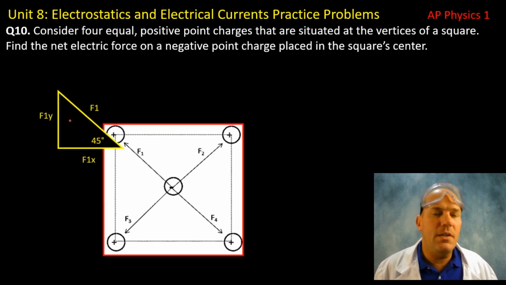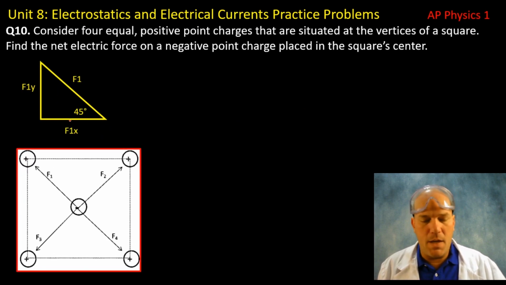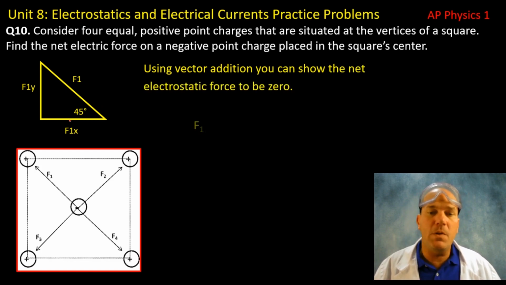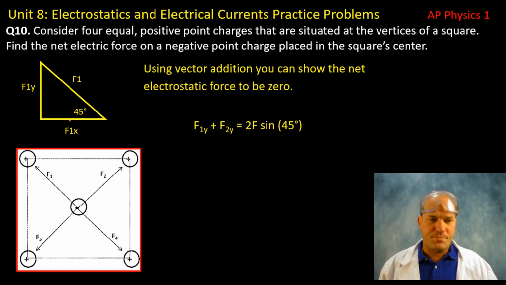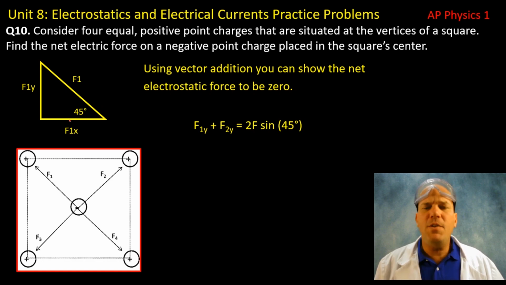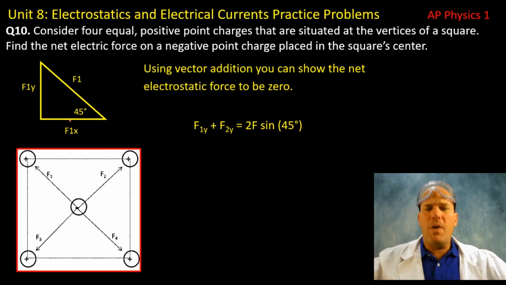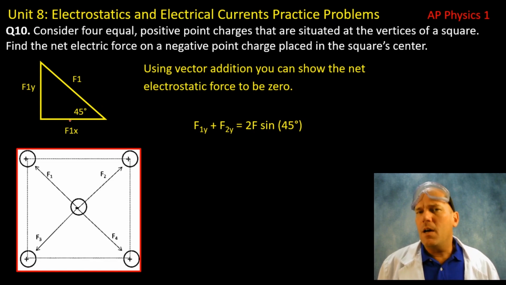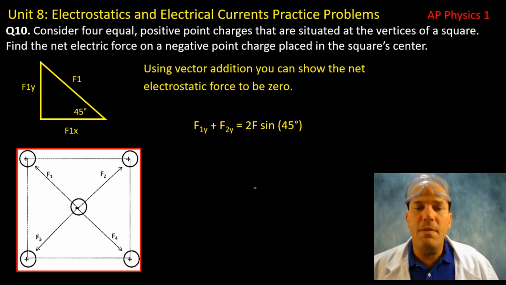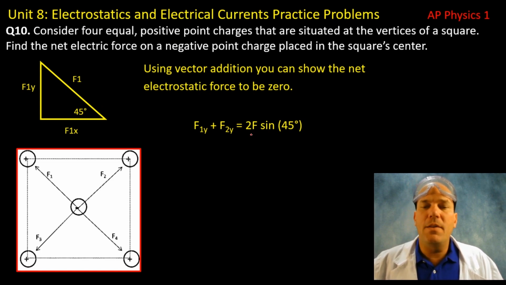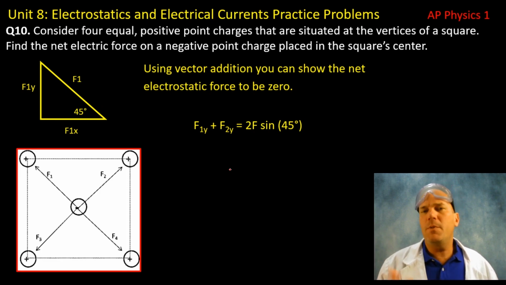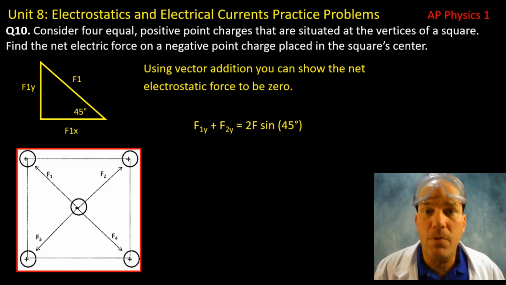So let's look at the trigonometry here. And using vector addition and summing the forces here, we can show, if you did this for all 4, well, you have 2 positive in the y direction. Okay, so F sub 1 vertically, F sub 2 vertically, and since they're both 45, we can simply add those together and say that it is 2 times the force multiplied by the sine of 45 degrees.